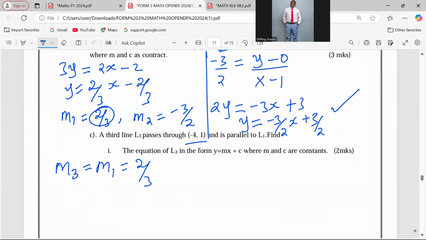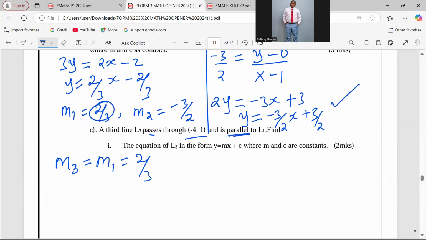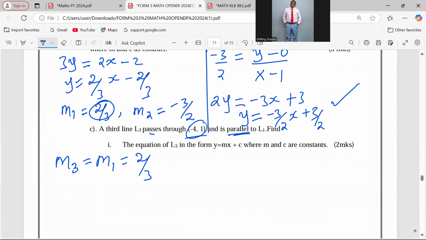For two parallel lines, their gradients are usually the same. That is something you must know. Therefore, if M1 was 2/3, then the gradient for this third line is also going to be 2 out of 3.